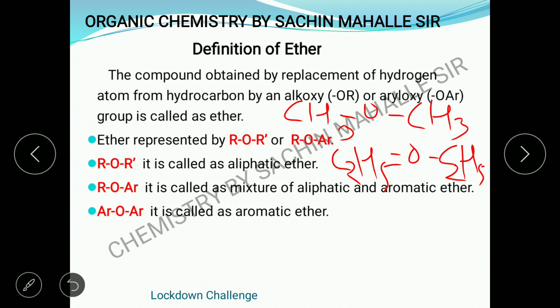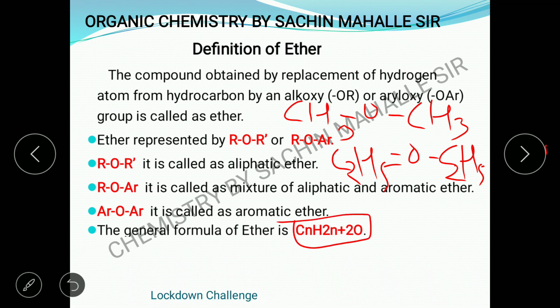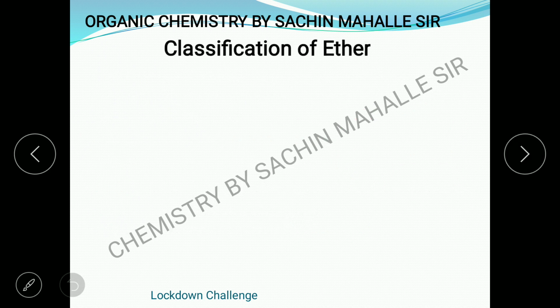The general molecular formula of ether is CnH2n+2O. Pause the video and write down all the points in your notebook. The next point we have to see is classification of ether.